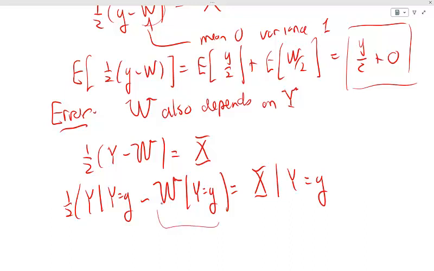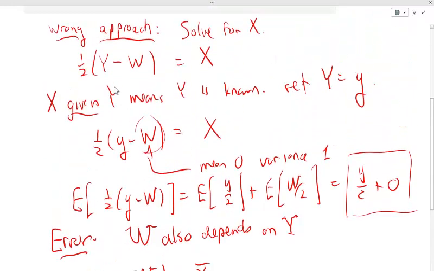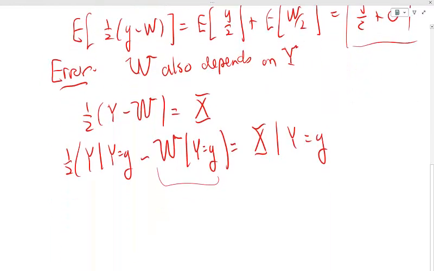Now, I assumed that w given y equals y was just w, but it's not. You can calculate the covariance of w and y, and it will certainly be non-zero because y is correlated with w. So this is not equal to w.